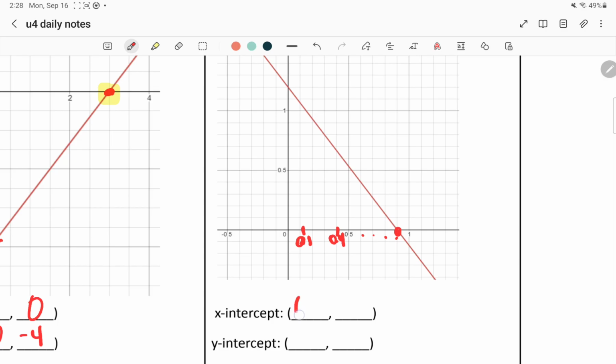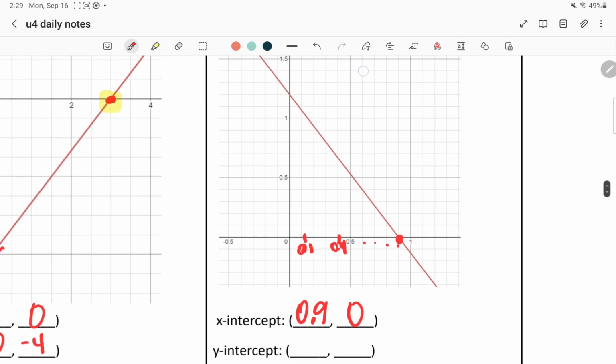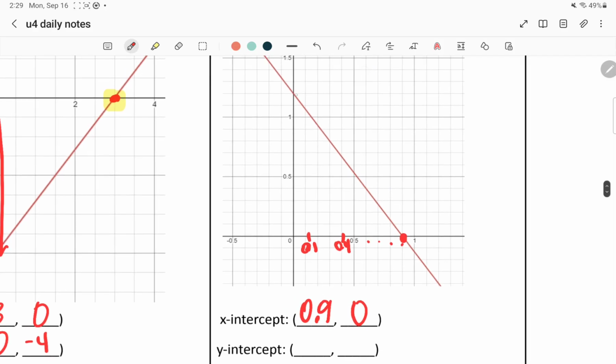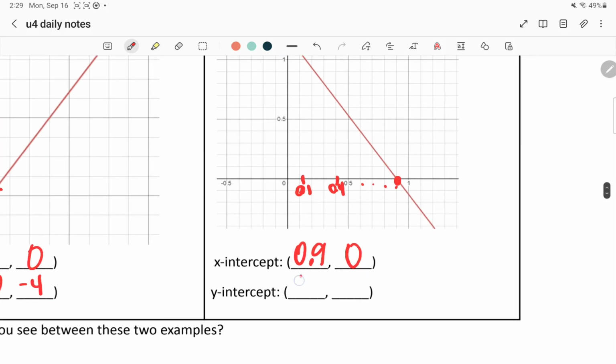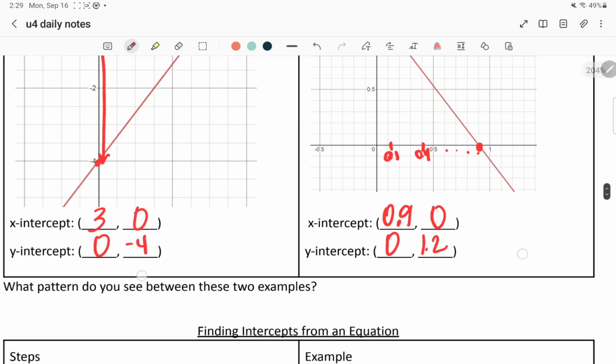So x value is 0.9. But I haven't gone up or down, so it's a 0 for my y value. And my y-intercept is, let's see, 1, 1.1, 1.2. Haven't gone left or right, so that's a 0, but my y value is 1.2.